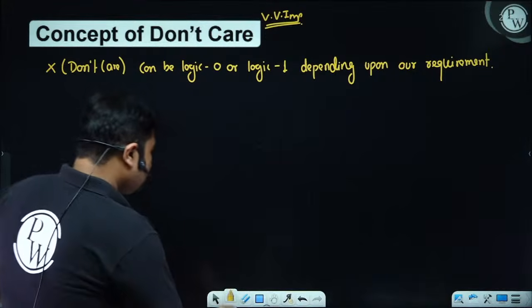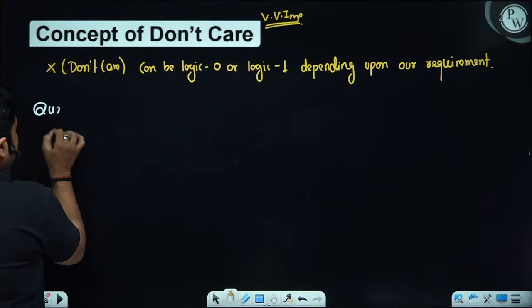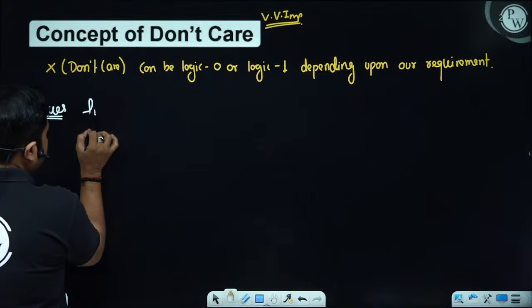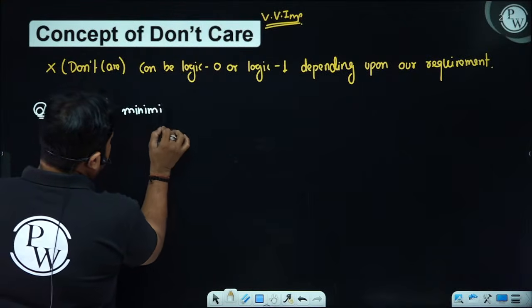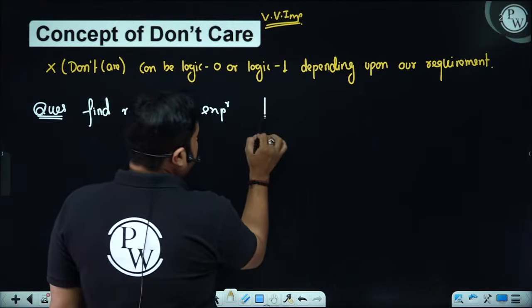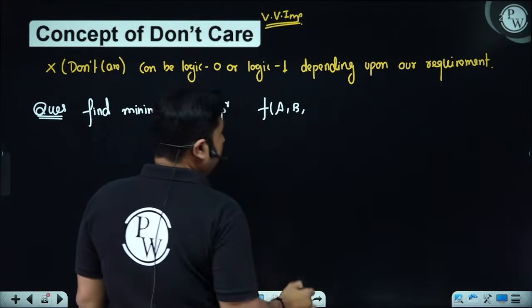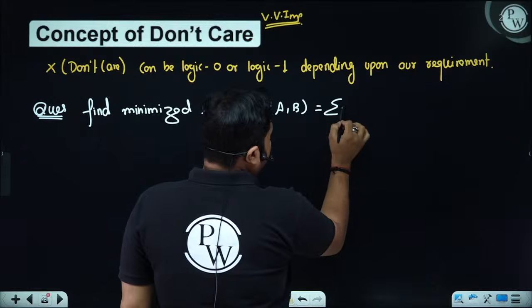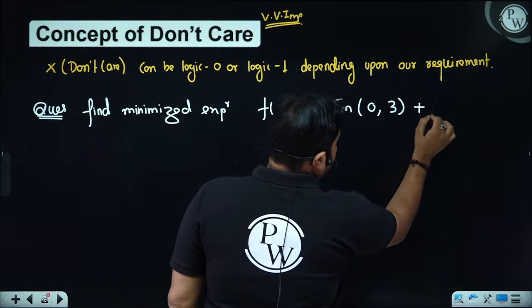For example, suppose we have a function, find the minimized expression f of a, b as summation of m 0, 3 plus don't care.